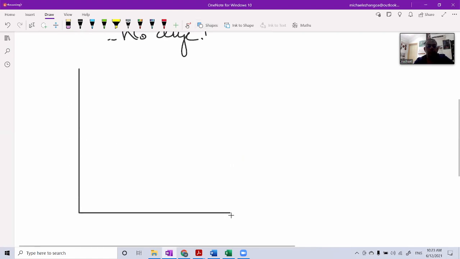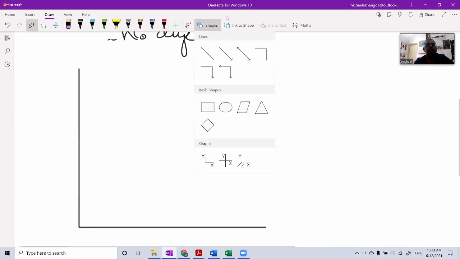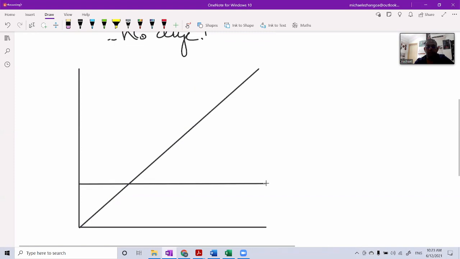Now, let's say I got a graph like that. I have a line like that. I'll label the lines, don't worry. Cost.